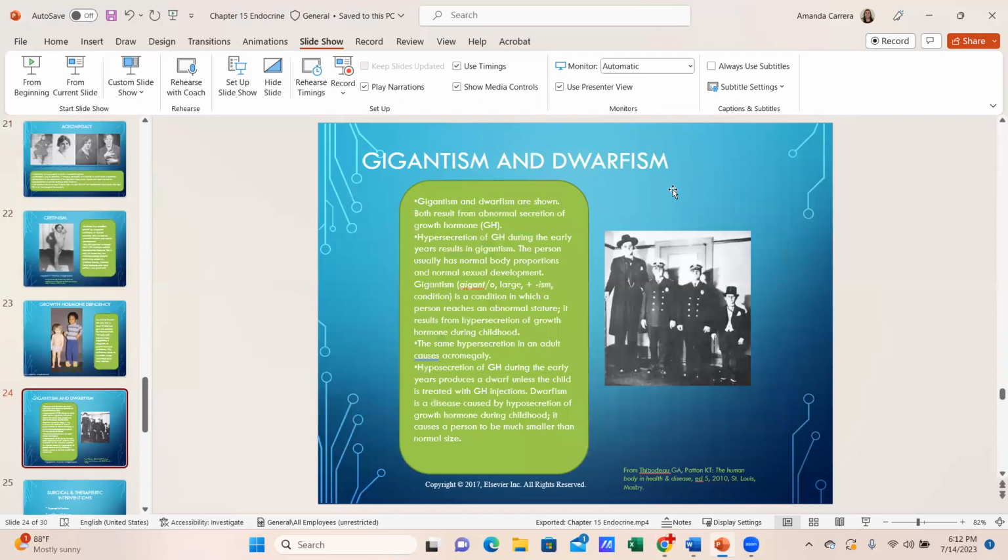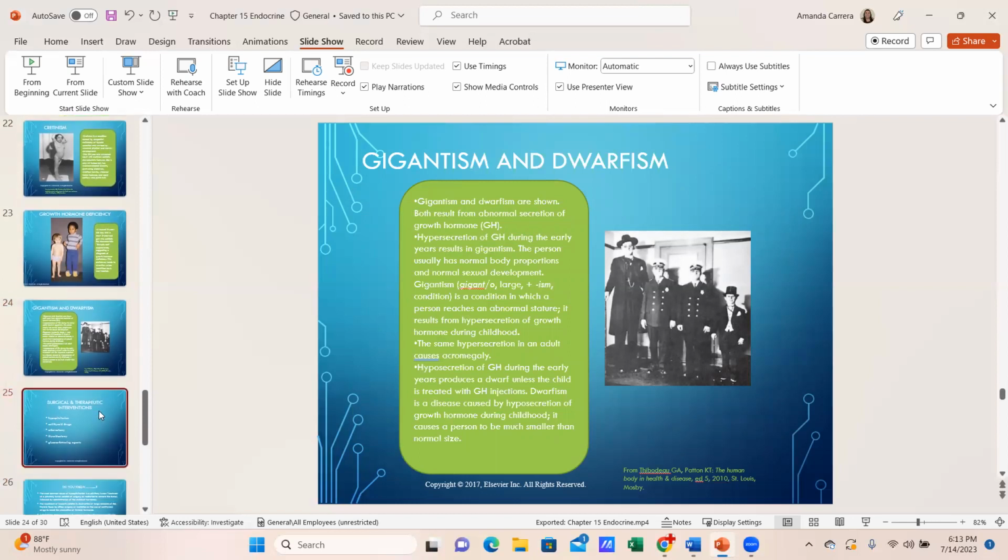Probably got a little more than you need on this one, but please use this to study over the next few chapters regarding the endocrine system. So giantism, again, is hypersecretion of the growth hormone, and then dwarfism. So you guys can see a visual representation of that.